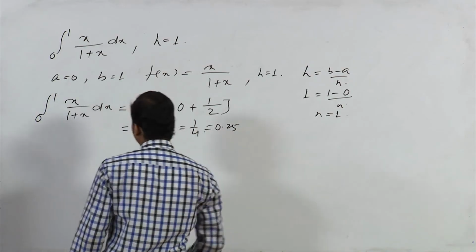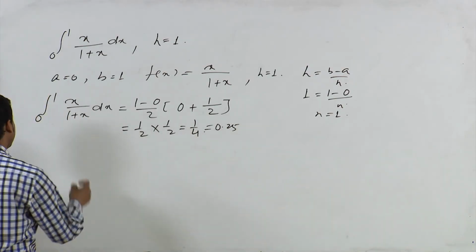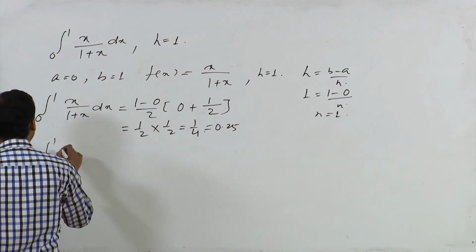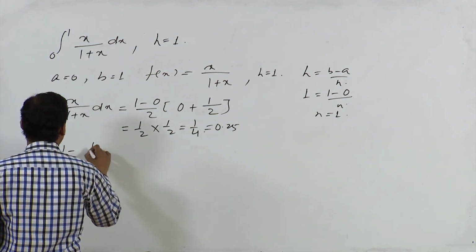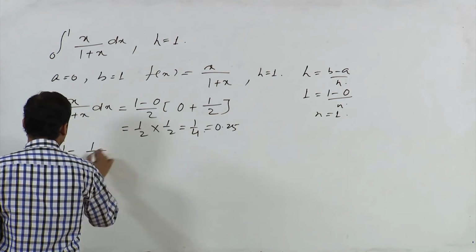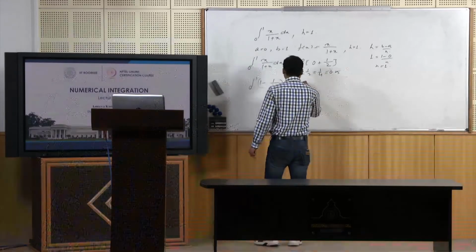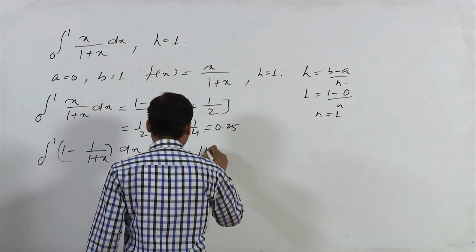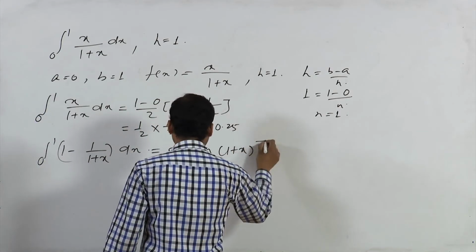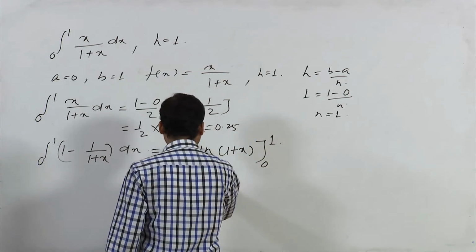And if you go for the analytical solution, I can write this as the integral from 0 to 1 of 1 minus 1 by 1 plus x dx, and this can be written as x minus ln of 1 plus x, from 0 to 1.